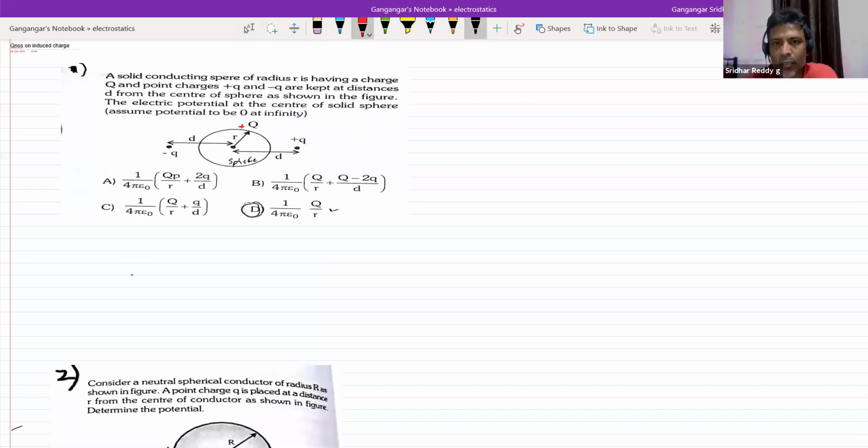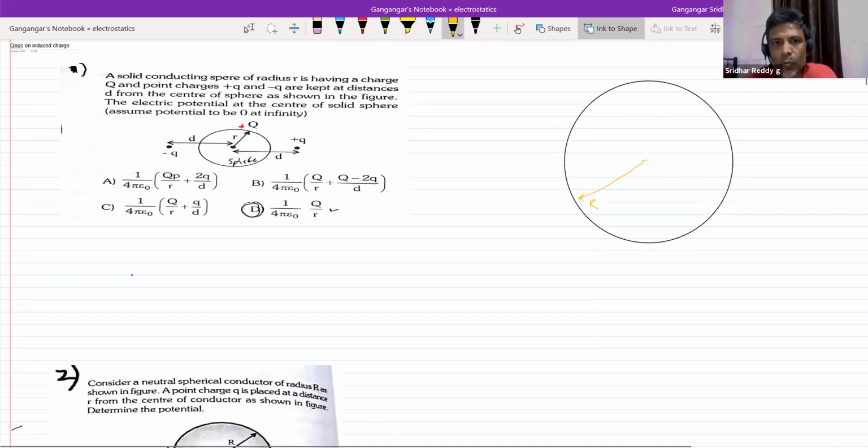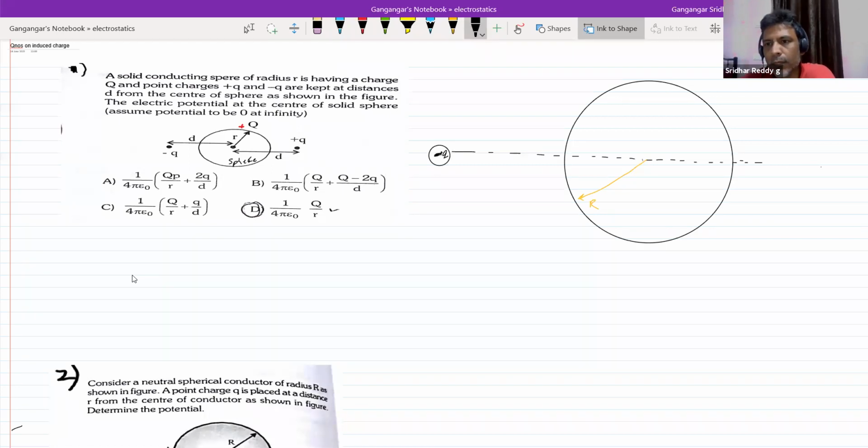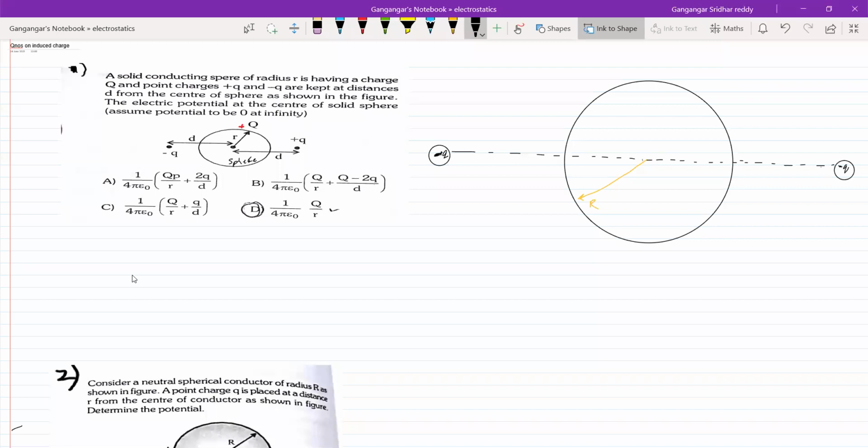So first you go back to the sphere. We have radius R, and there are 2 point charges which are kept, plus Q and minus Q. Both are equidistant, no?